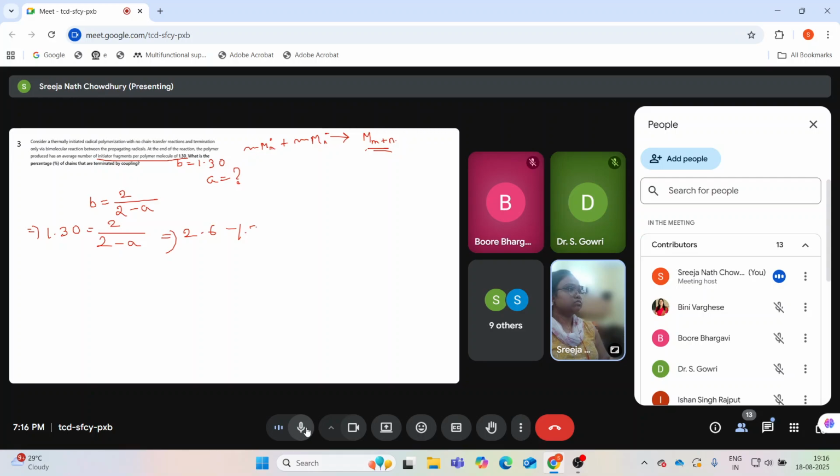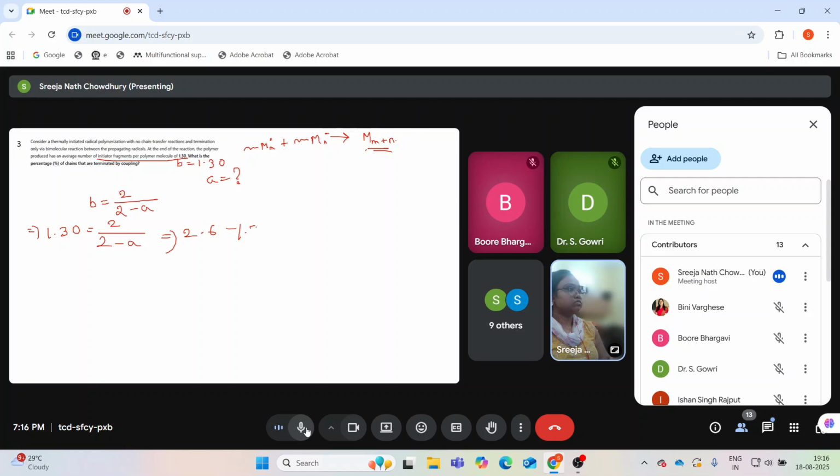I'm solving it. Here also, initiator fragments per molecule, that is B. B is equal to 1.80, and you have to find out A, which we all know. Yes, 88.9 is the correct answer.